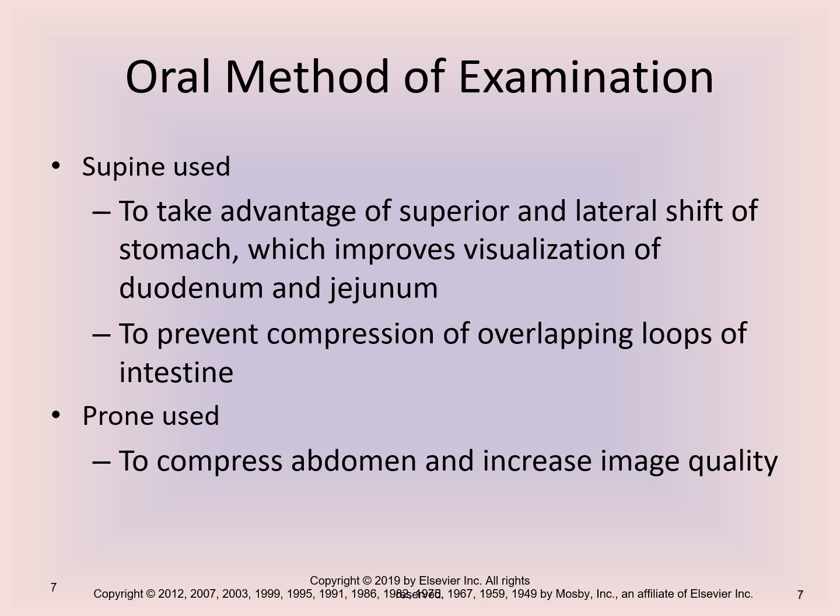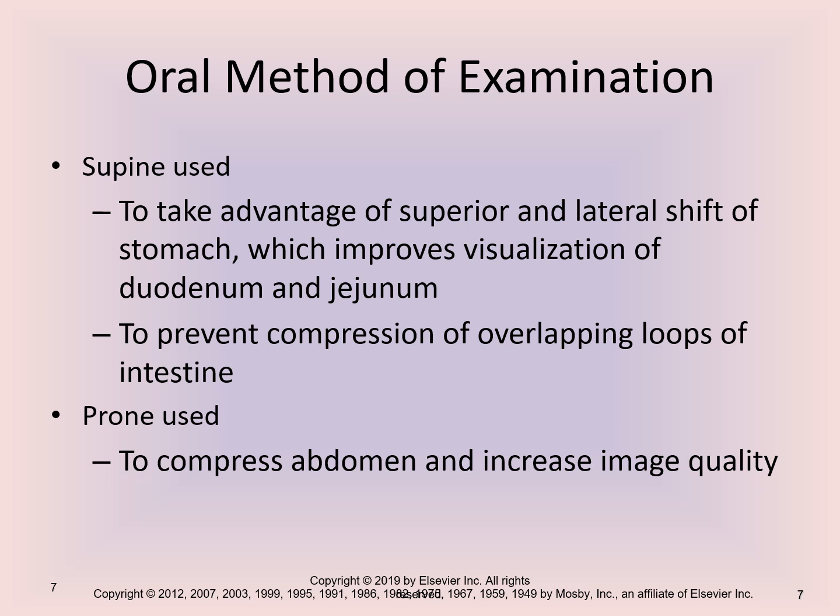If you flip them prone to take the images, it does compress the abdomen, and by compressing the abdomen, first of all, it brings the small bowel closer to the image receptor, so you reduce OID, increase spatial resolution, and overall image quality increases.